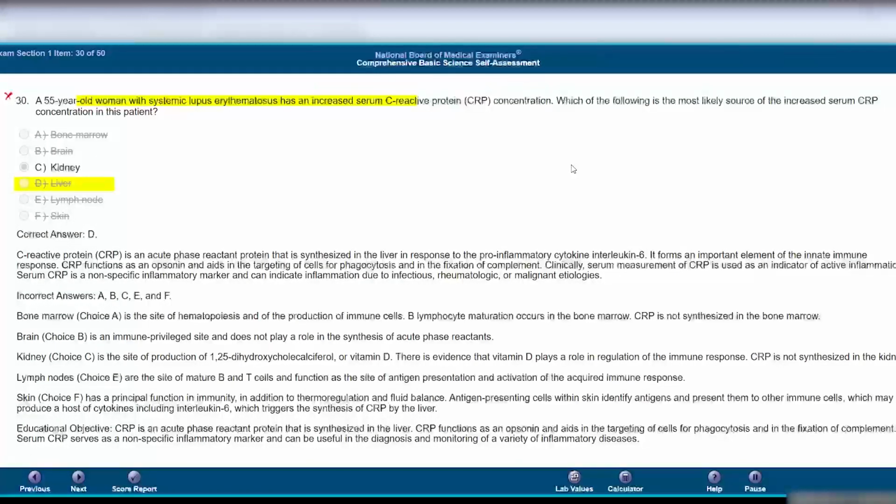Or if it was asking where in this patient you would see increased concentration of CRP. And so I chose kidney because I thought, obviously there's a lot of damage to the kidney in lupus. That was my reasoning, even though it said basically where is it being made.